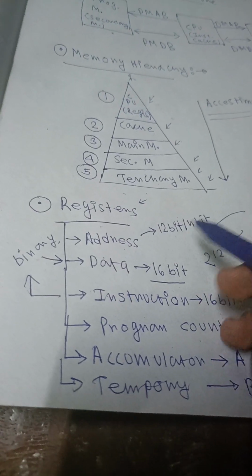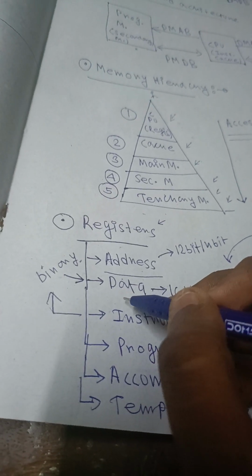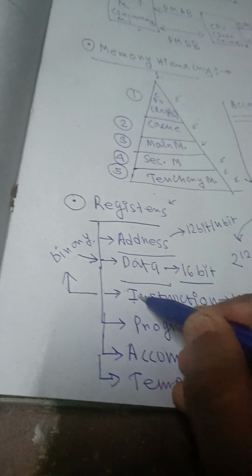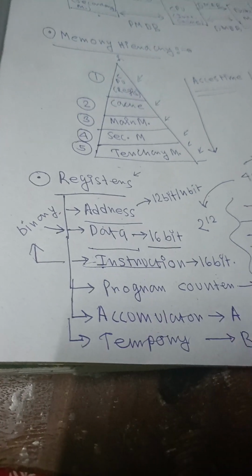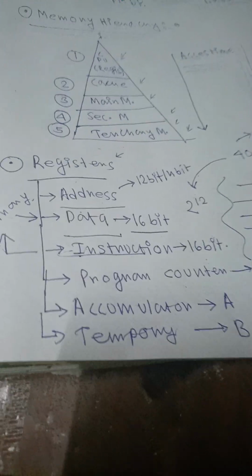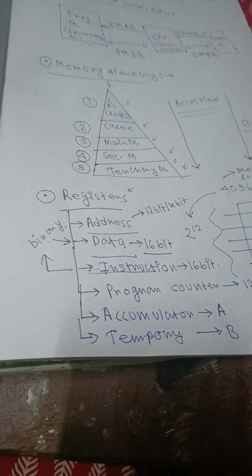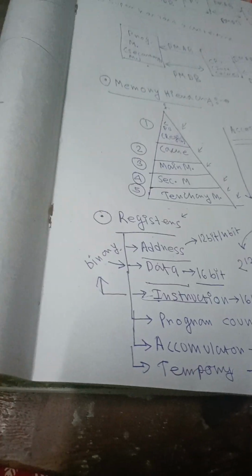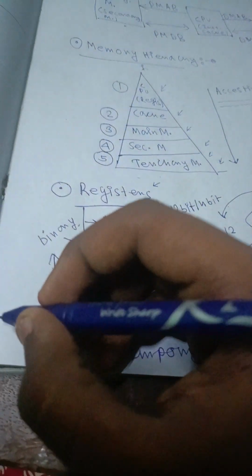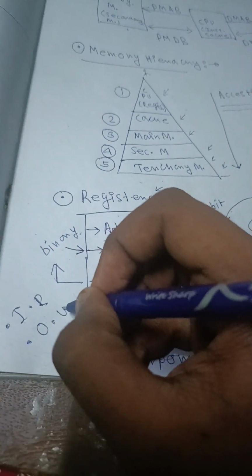There are many types of registers: address registers, data registers, instruction registers, program counter, accumulator, temporary registers, and input and output registers. I have not written it here, but please include it. I have written input registers and output registers here.